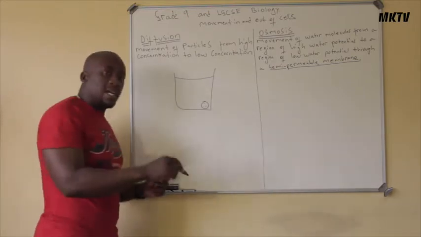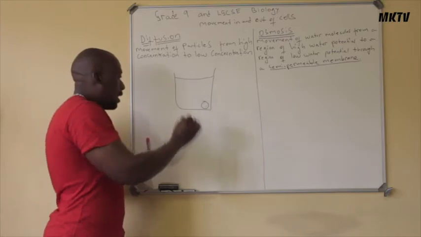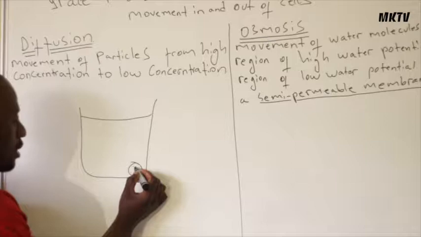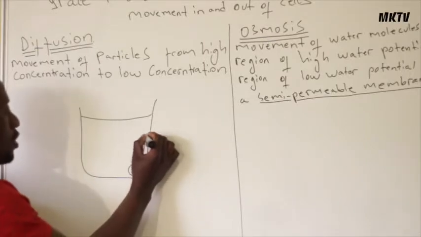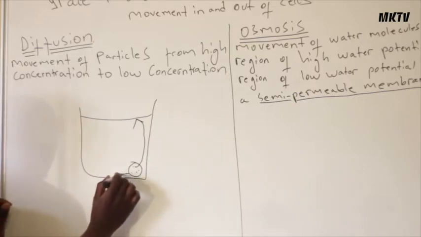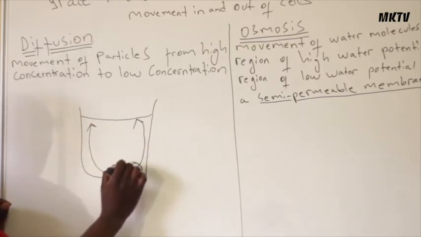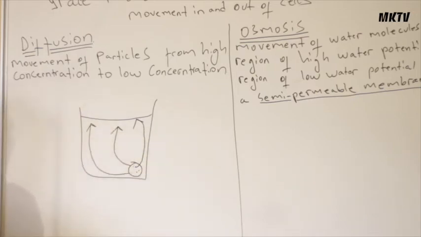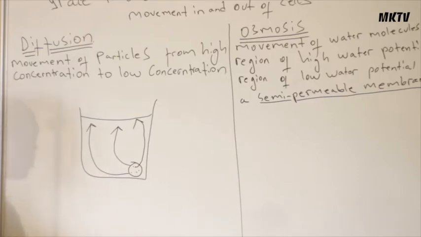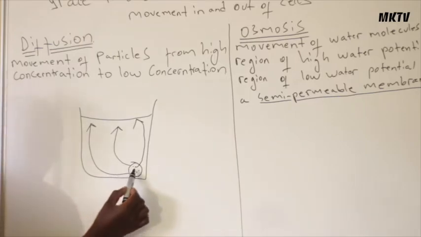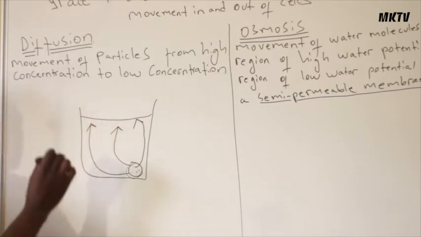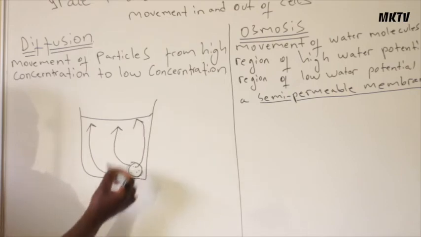Here we don't stir anything. We just let potassium permanganate diffuse in the water. These particles are going to diffuse inside the water up until the whole water is purple, which means it has changed color.